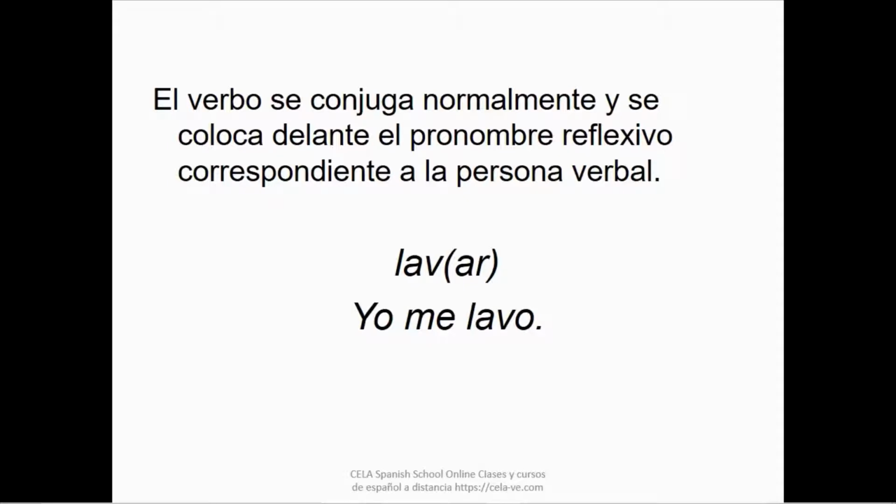The first person singular is lavo and me is the reflexive pronoun for the first person singular. If the sentence is negative, we place first no, then me, and then lavo. Yo no me lavo.